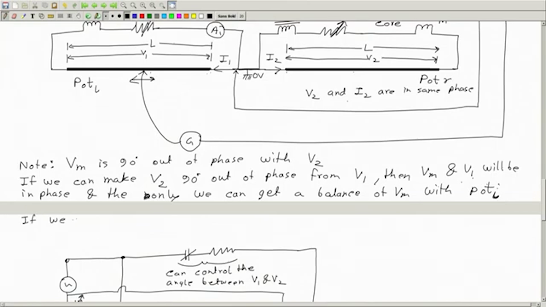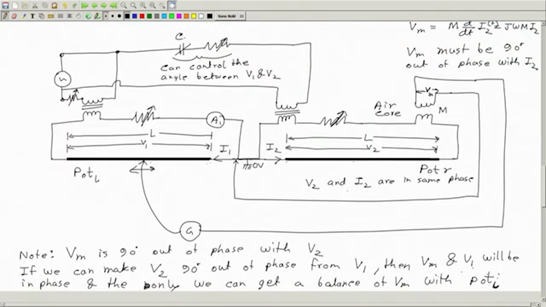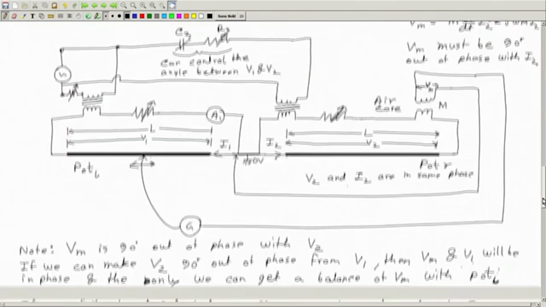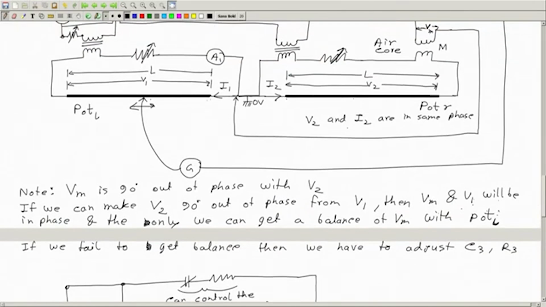So if we fail to get balance, then we have to adjust this capacitor, call that C3 and R3, and once we adjust it so that we get a balance, that ensures V2 and V1 are 90 degree out of phase.